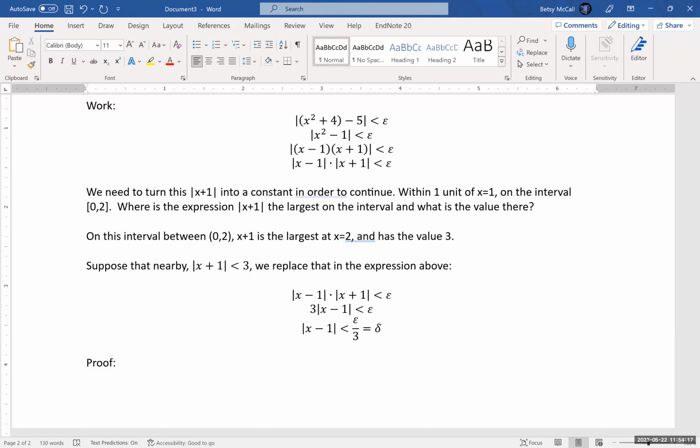And so now we actually follow the if-then statement and we go forward to show that if we start with the if, we can end with the then, but we're going to have to make certain assumptions. Last time we made the assumption about the relationship between epsilon and delta, but now we're also going to have to make this assumption about this x plus 1 factor. This is why it's going to look a little bit more opaque.